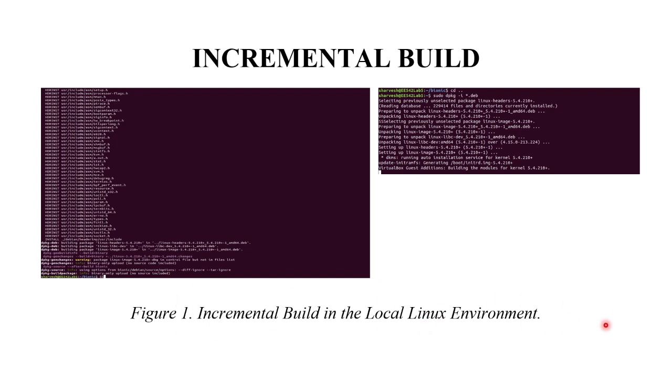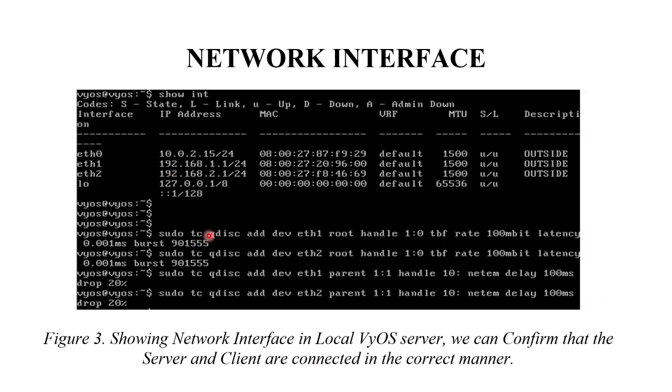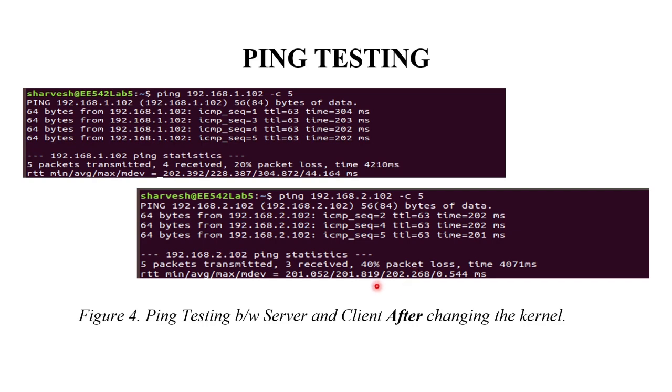So this is an image of our custom build in our local Linux environment, and this is the file transfer before the change of kernel. You can see it is showing a bandwidth of 10.6 megabits per second. Then this is a simple network interface of our router. Then this is a ping test between server and client after the changing of the kernel.